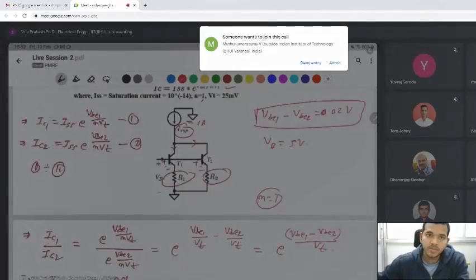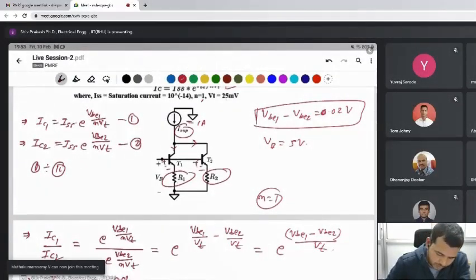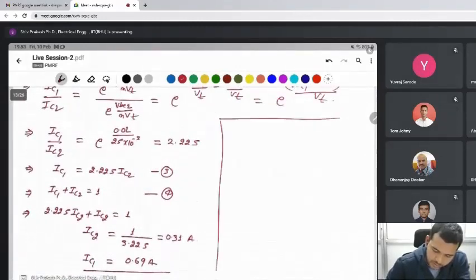Once you find it, you take the natural log here.